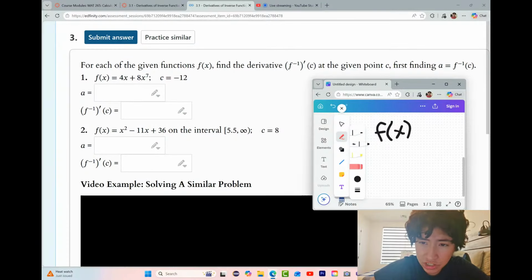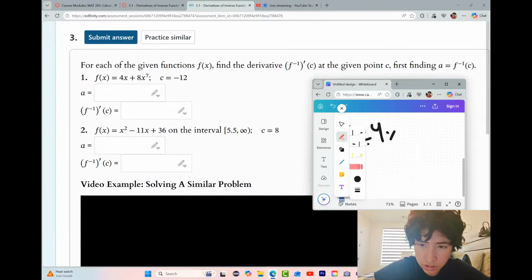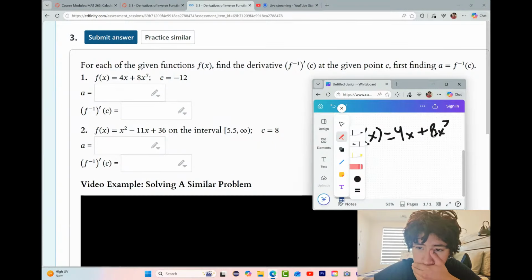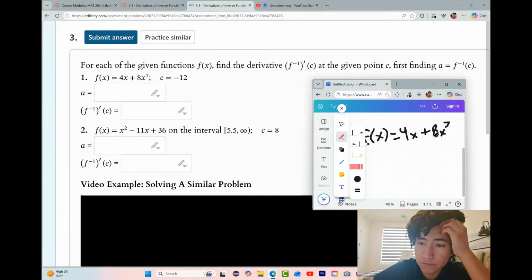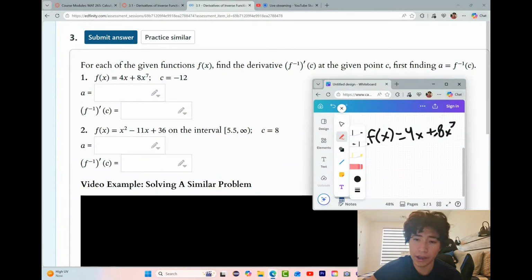We have f of x equals 4x plus 8. And then we need to do c equals negative 12. Oh, so we need to find the derivative. Okay, I understand. So we need to evaluate at c equals negative 12.